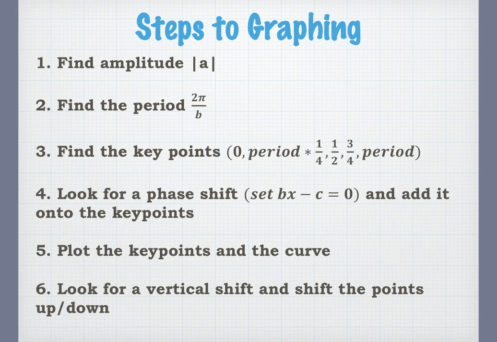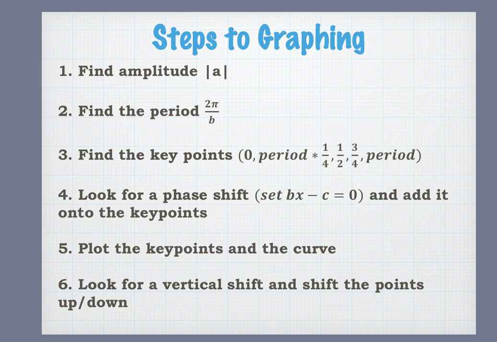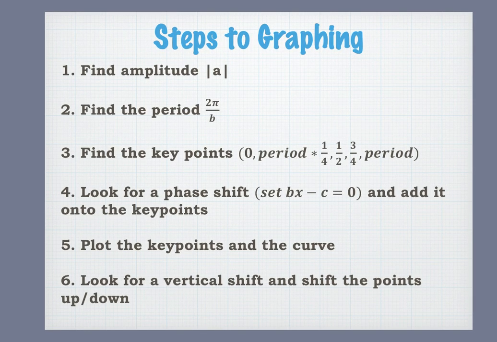We talked about the process. Yesterday we did absolute value of A as my amplitude, 2 pi over B as the period, and then we found the key points. And today what we're adding is number 4, which is looking for a phase shift. If you've got something inside parentheses with the x, like with every other parent function, this causes a horizontal shift, and it's always the opposite direction.